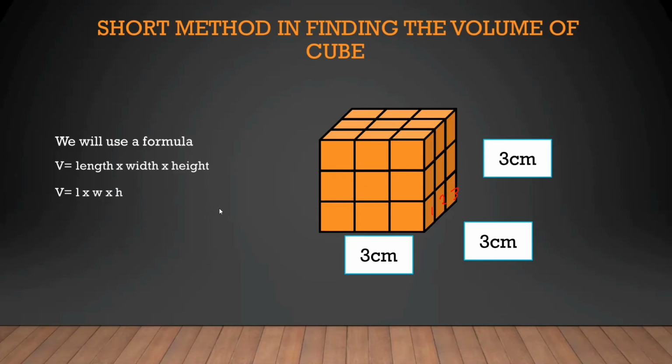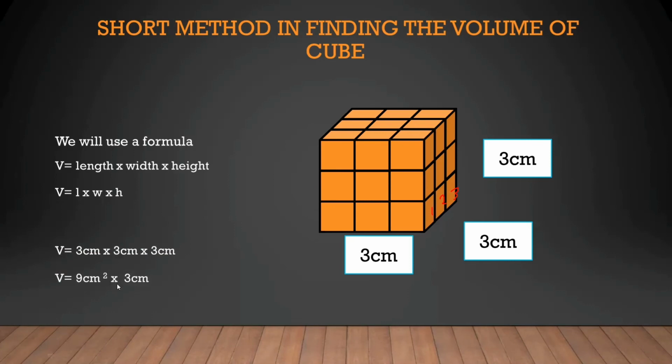So, paano natin makukuha yung ating volume? So, ang gagawin lang natin is we will multiply the length times width times height. So, therefore, 3 cm times 3 cm times 3 cm is equal to, so kung nahihirapan tayo mag-solve ng 3 agad, so pwede nating isolve muna yung 2, which is 3 cm times 3 cm is equal to 9 cm square.